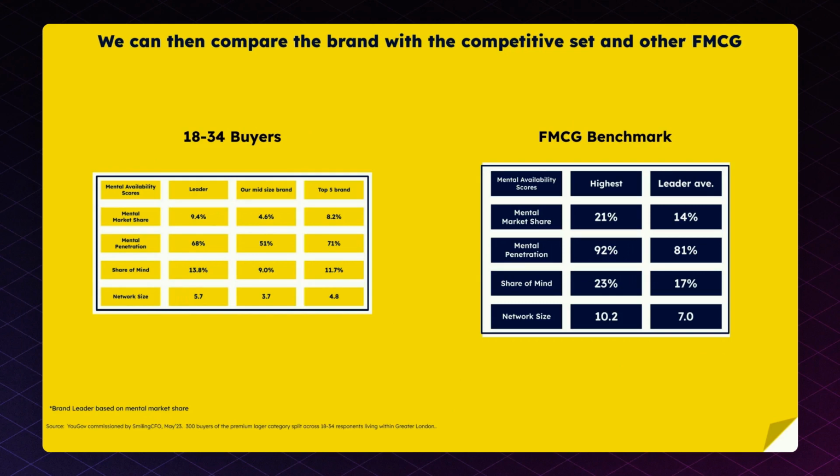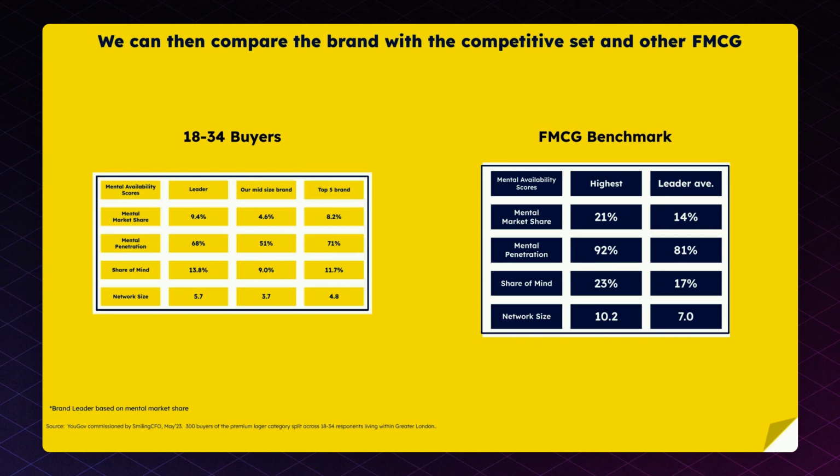Which is why, on the left-hand side, you can see that we've put the leader in the table, and their mental market share is 9.4% compared to our brand's 4.6%. And the top 5 brand is 8.2%. So this brand has some work to do.